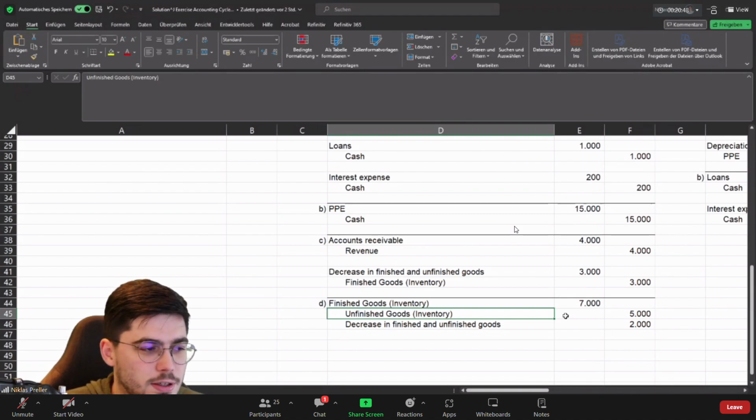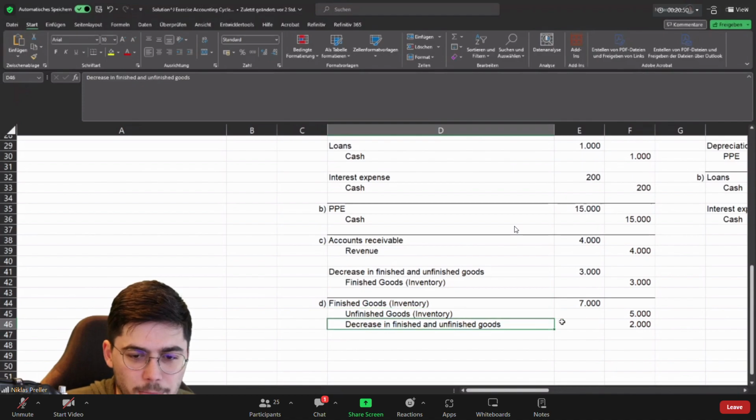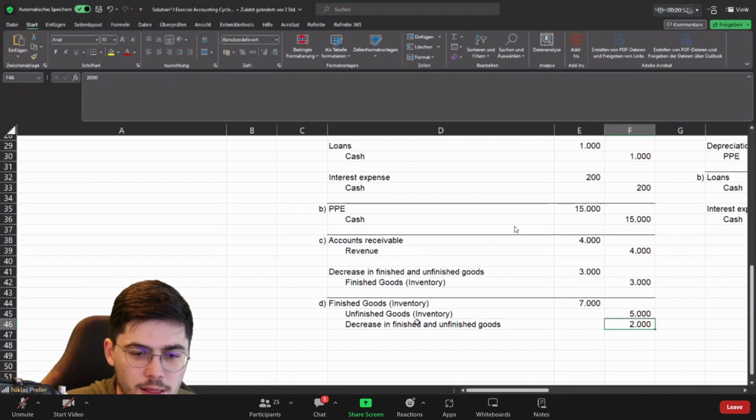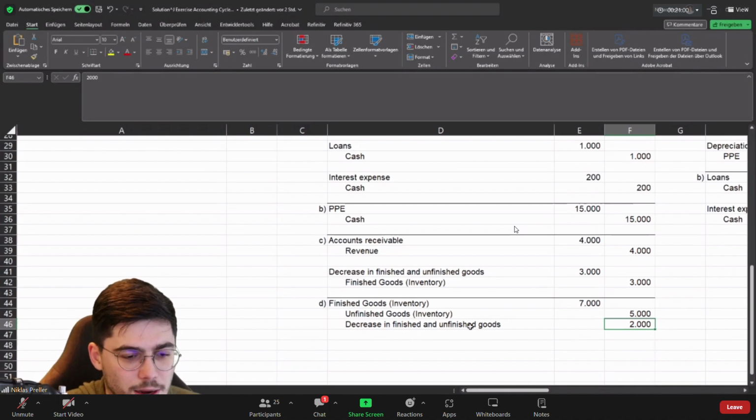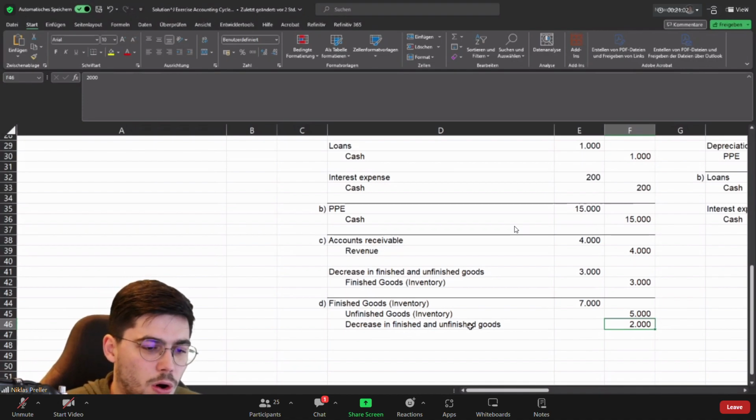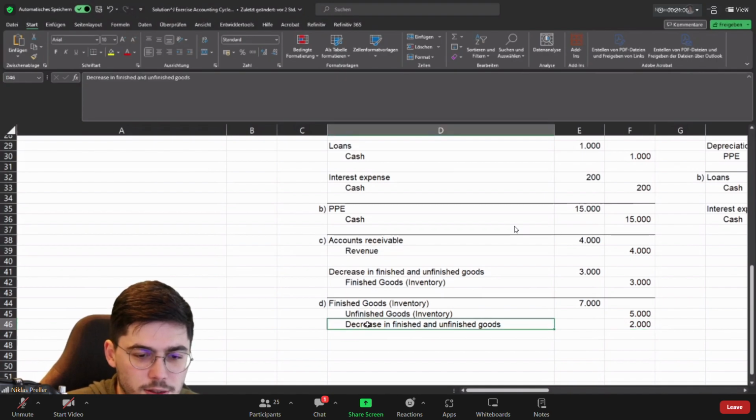So that leaves a difference of 2,000, and that is included then in an account that can either be called increase in finished and unfinished goods. So we increase that revenue account, or on the other hand, we can also decrease the decrease account. So we reduce our expenses because of this.